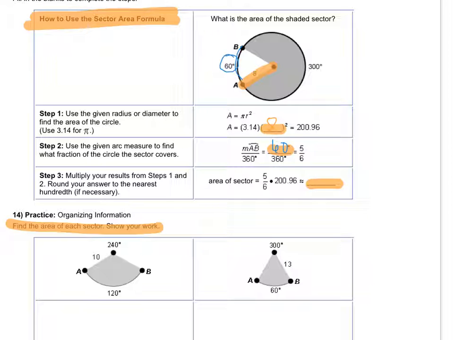And since 60 over 360 reduces to 1/6, we take 1/6 of the circle area, 200.96. So then we just multiply those two and you'll get 33.49.